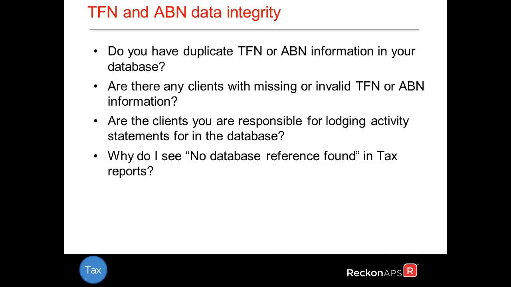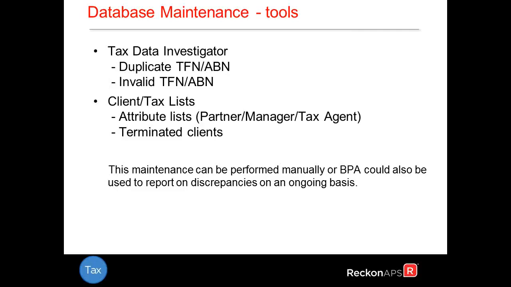So the question is, do you have any duplicate ABN or TFN information in your database? Are there any clients with missing or invalid TFN or ABN information? Are the clients you are responsible for lodging activity statements for actually in the database? And why do I see no database reference found in tax reports? So, what tools do I have available to me to isolate or determine which clients fall into that category?